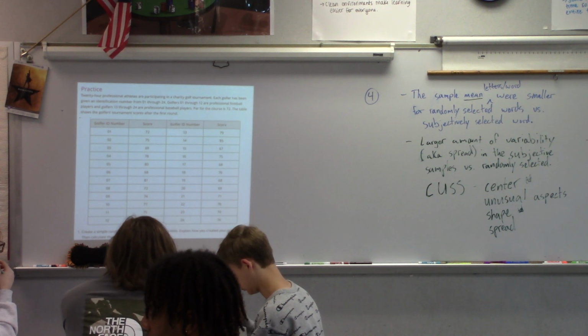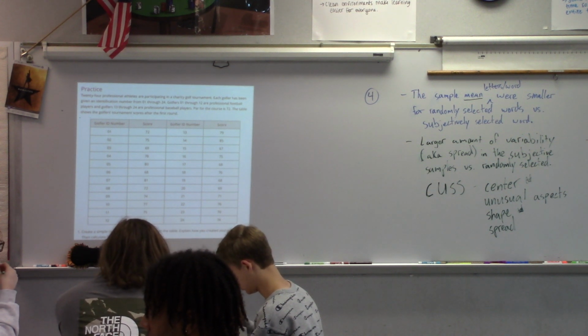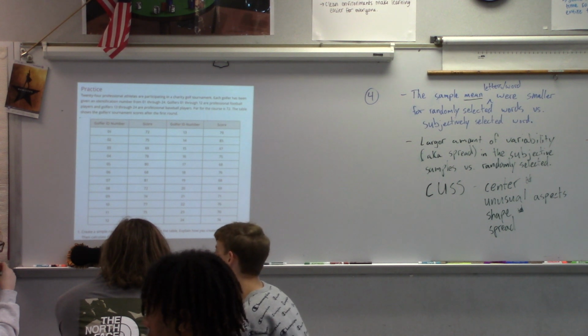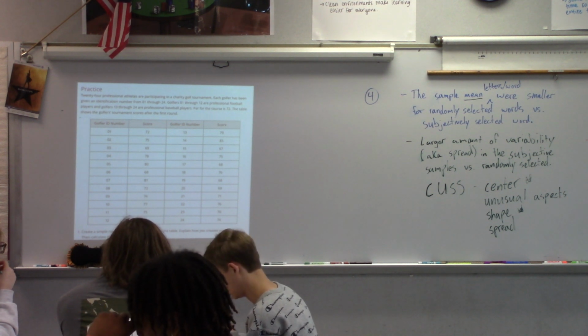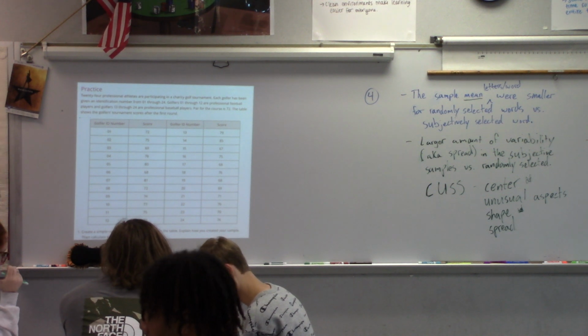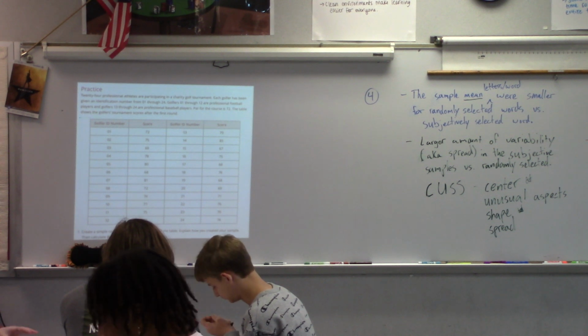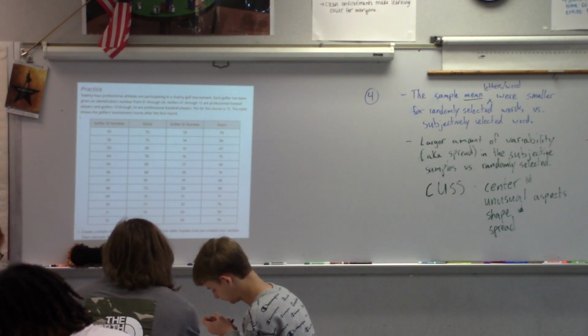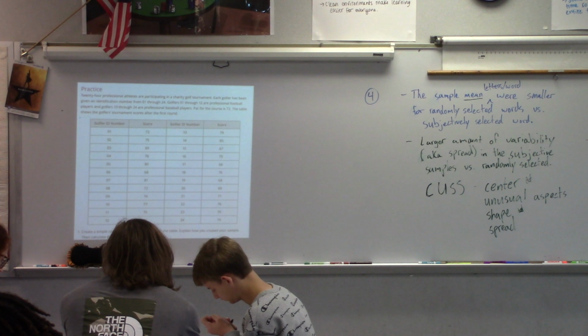How many words were there? 348, right? So we needed 3 digits to match the largest or the last word. Here was the largest number for the golfers. 24, right? So the biggest only needs 2 digits, and so that's something you need to account for, right? So we would just use 2 digits on the random digit table this time around.